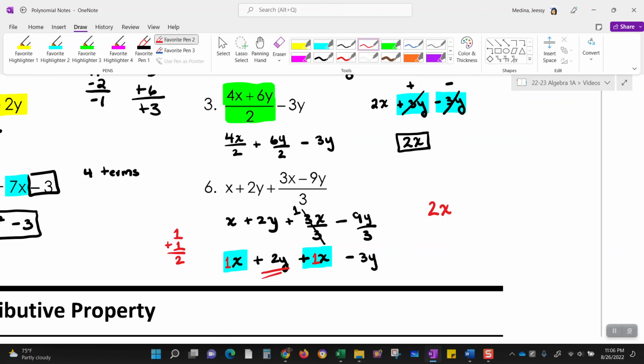And then looking at your +2y and -3y, your brain goes +2 minus 3 makes -1. So that's -1y. But Miss Medina, didn't you say that we don't write the 1? You are correct. A more acceptable answer would be this.